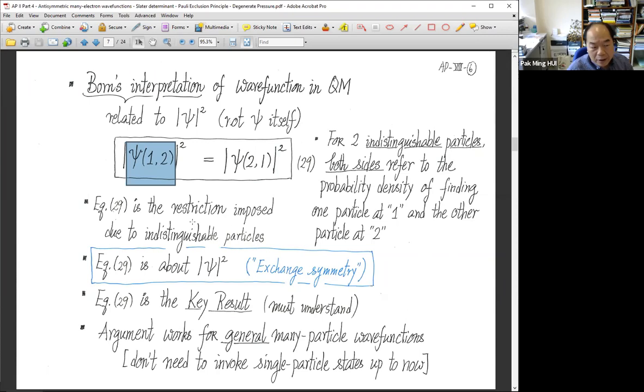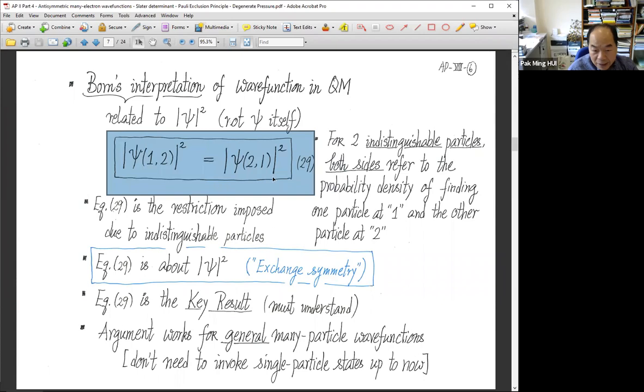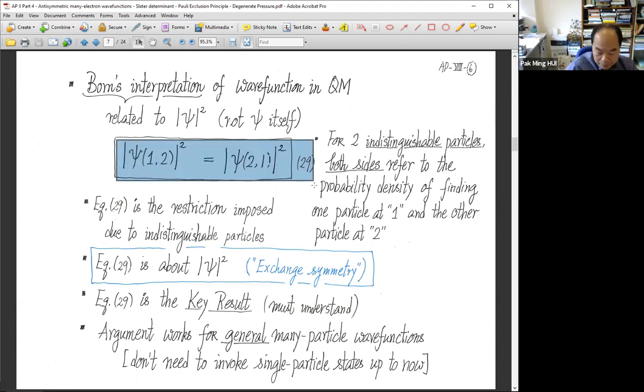That is to say, this statement is general in the sense that we have not made use of the 1s orbital or the 2s orbital, because when we do that, we are making a further approximation. We are approximating the two-electron wave function by a product of single-electron wave functions. We don't need that to express this requirement in quantum mechanics.